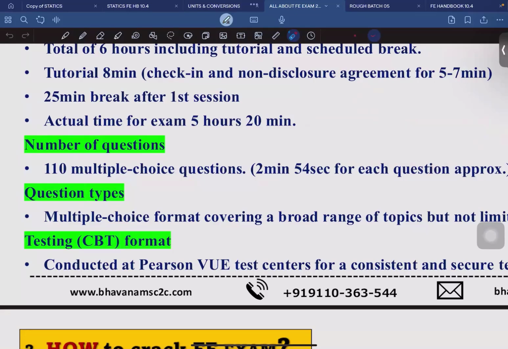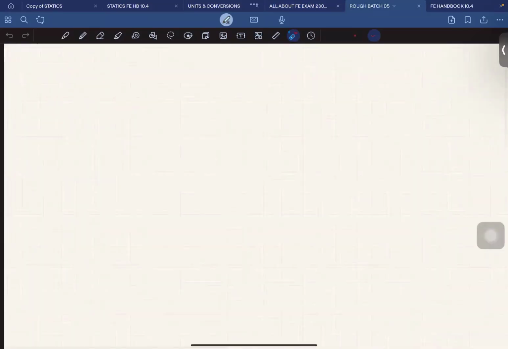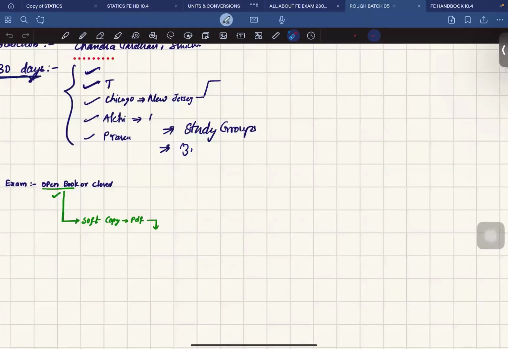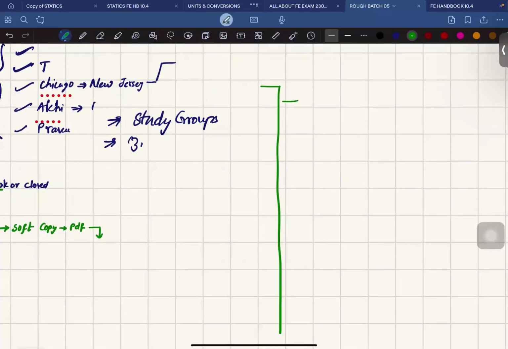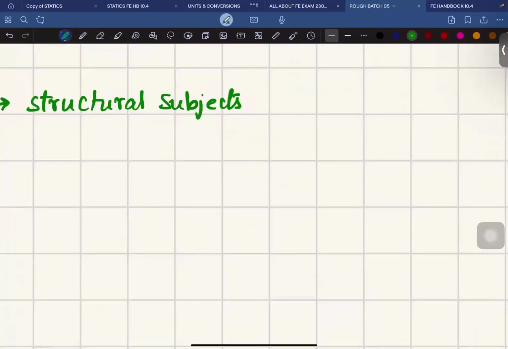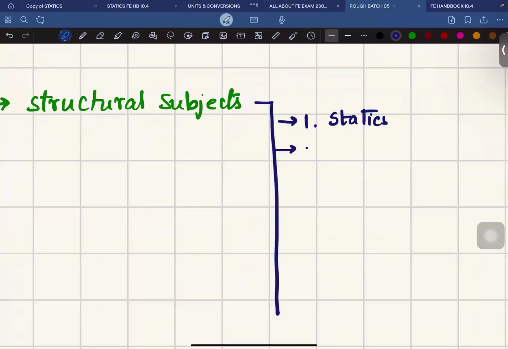Going much further, let me go further. I take the subjects, especially the structural related subjects, and the first subject we do is statics, which is a basic subject. From statics, we can jump into mechanics of materials.